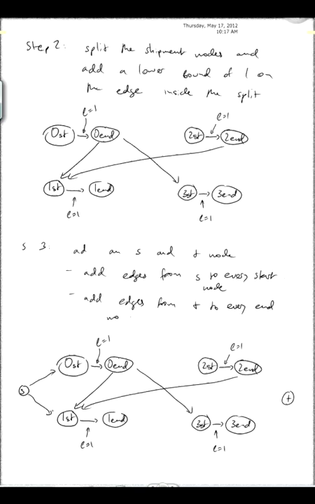So what these edges represent is the fact that we could bring a ship into service to complete this shipment. So these edges out of S just represent bringing ships into service.